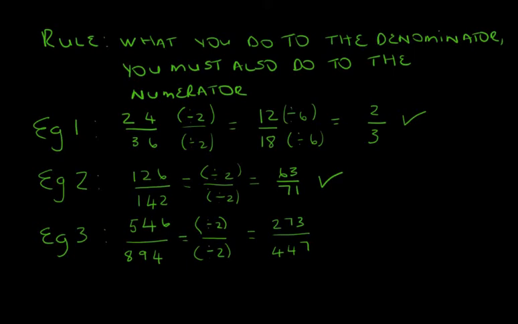Now I've checked. I've done prime factorization on this to see if there are factors that can go into both numbers, 273 and 447. And there aren't any numbers that are common to both, so this answer is in its simplest form. Let's do one more.